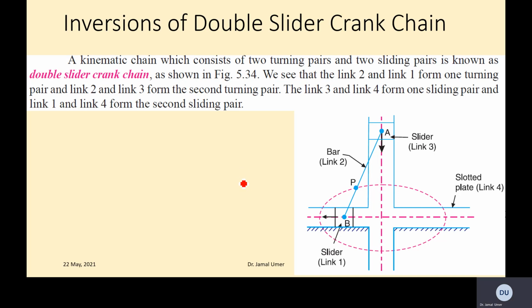So we are discussing lecture 3 at the minute, and we have discussed a couple of problems along with the different inversions for 4-bar mechanisms. Currently we are at the inversions of the double slider crank chain.